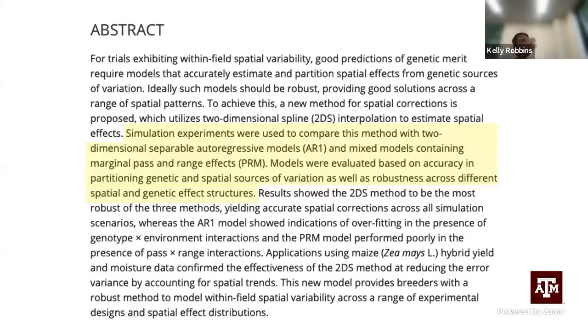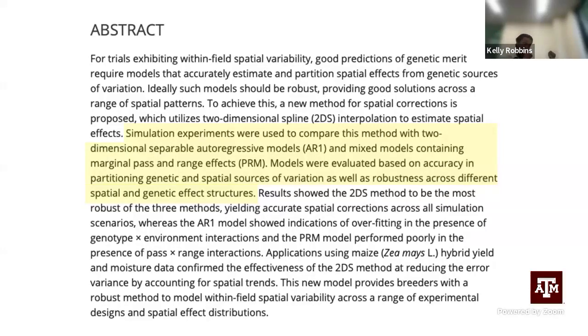It's clear what models I'm comparing the two-dimensional spline to, and it's generally pretty clear what criteria I'm using to evaluate these models. Obviously we want to be able to separate out genetic and spatial sources of variation, and we want to find something that's pretty robust. In other words, it's going to work well across a variety of scenarios.